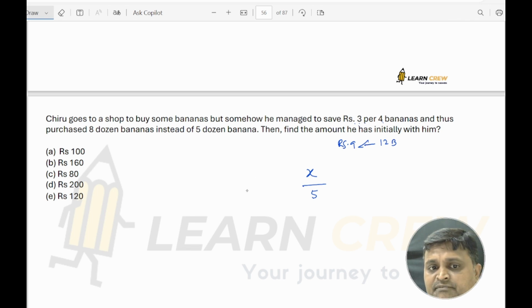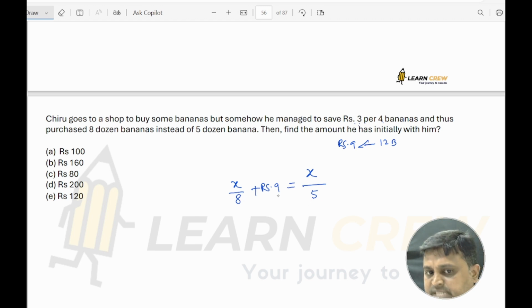Because of this he is able to buy 8 dozens with the X rupees, so the price of each dozen would be X by 8. This X by 8 plus the saved 9 rupees is equal to X by 5, each dozen initially.